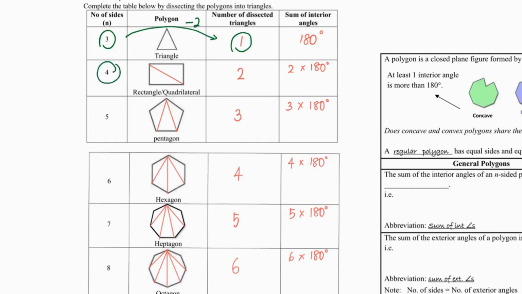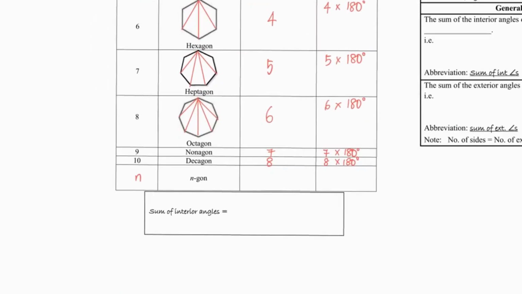If it's 4 and 2, minus 2 again. So if this is 5, then how many triangles? 3. And minus 2 again. Can you see the number pattern? And therefore, if this is going to be n, this will be n minus 2.